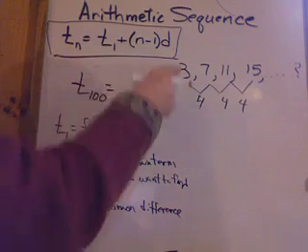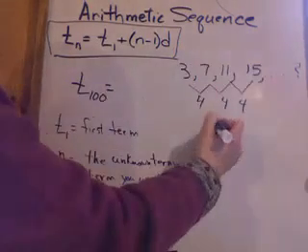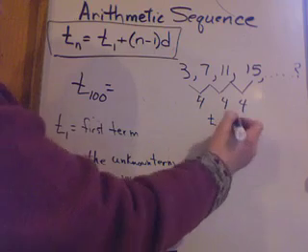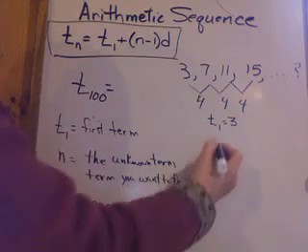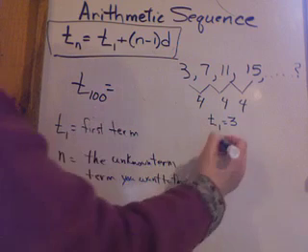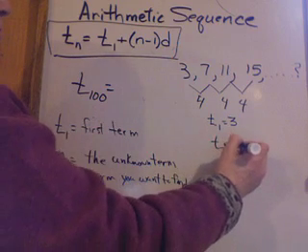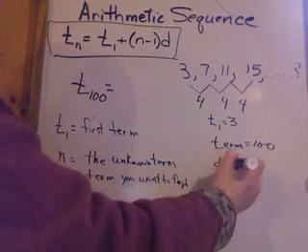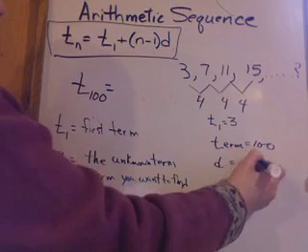So if I use this information to write a formula, do I know T1? It's 3. Do I know what term I want? Yeah, I want term 100, right? Do I know what the common difference is? D equals 4.